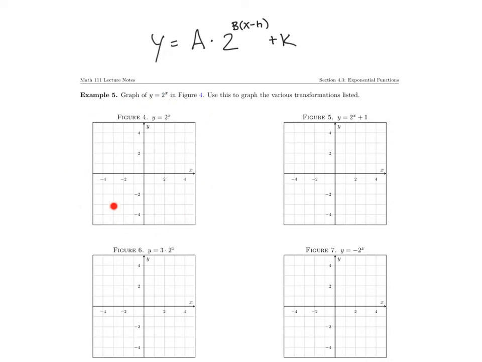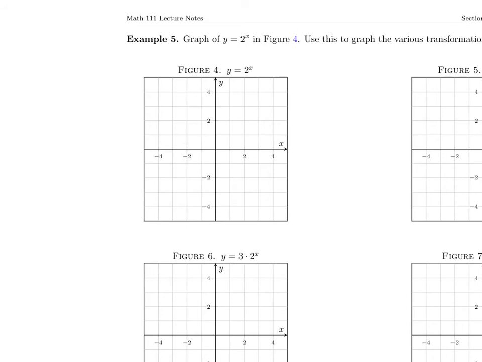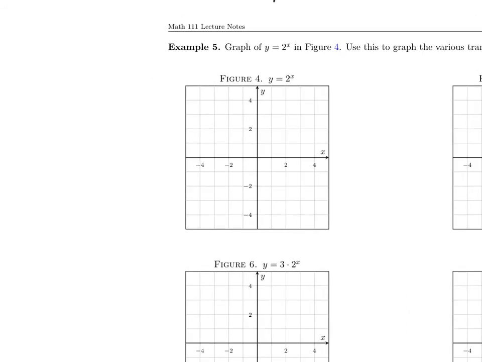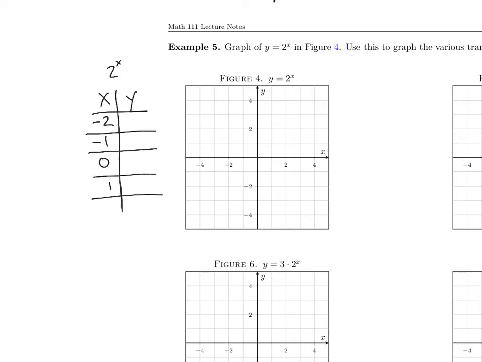Figure 4 is just going through and graphing the parent function. So let's focus in on that. First thing I'm going to do is make a table for 2 to the x. We're going to make this -2, -1, 0, 1, and 2.